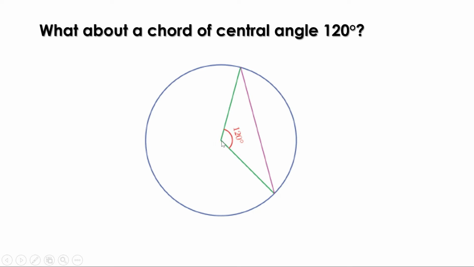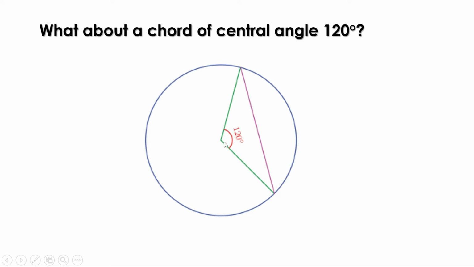Therefore, this is the point of intersection of the equal sides. We know if we draw a perpendicular from the point of intersection of equal sides of an isosceles triangle to the opposite side, that perpendicular bisects this angle and the side opposite to it.